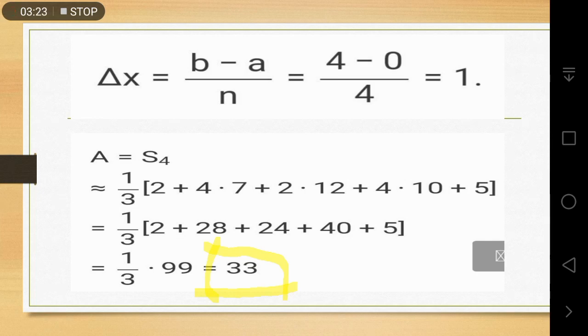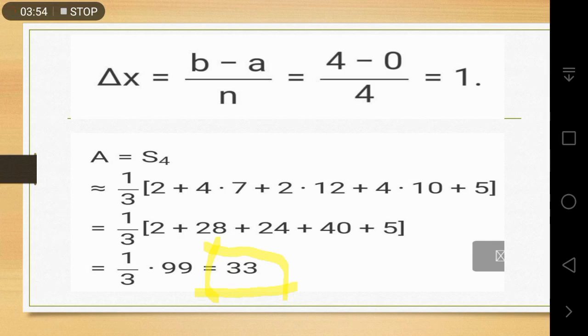So the area S4 is approximately 1/3 times (2 plus 4 times 7 plus 2 times 12 plus 4 times 10 plus 5), equals 1/3 times (2 plus 28 plus 24 plus 40 plus 5), equals 1/3 times 99, or 33.